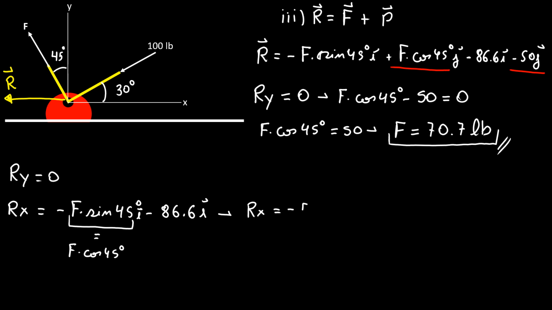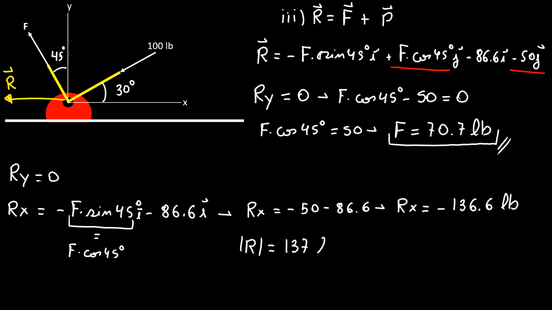So here is minus 50 minus 86.6. So our Rx is minus 136.6 pounds. So we know that the magnitude of R is equal to 137 pounds using just 3 figures. So these are both answers.